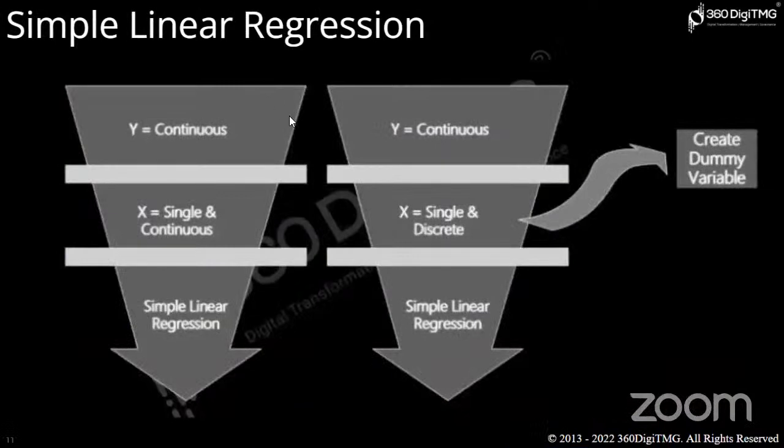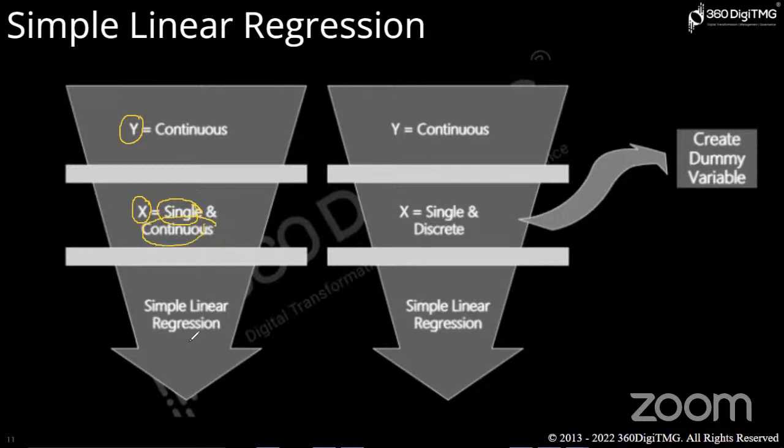As we discussed earlier, in simple linear regression my output variable will be continuous. x is the input data, the independent variable. I will have a single independent variable, and it will be continuous data.